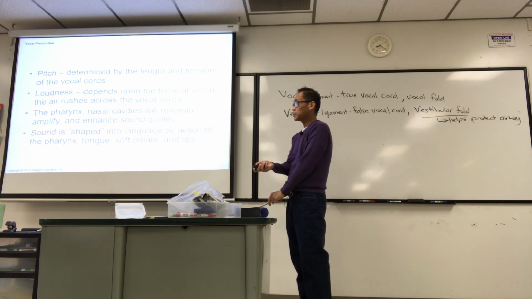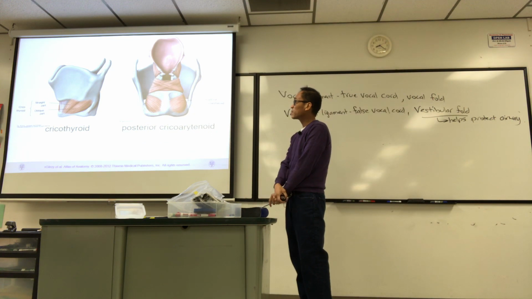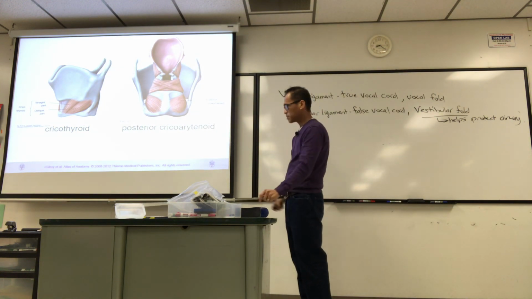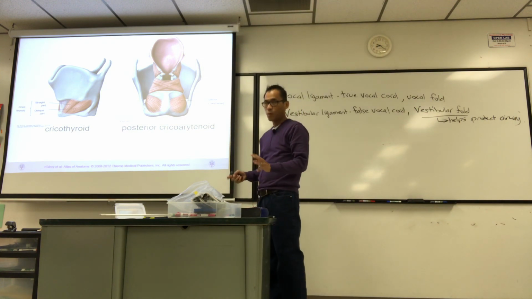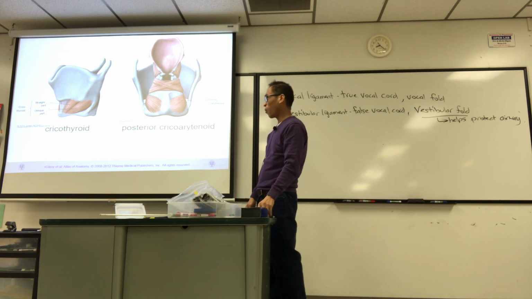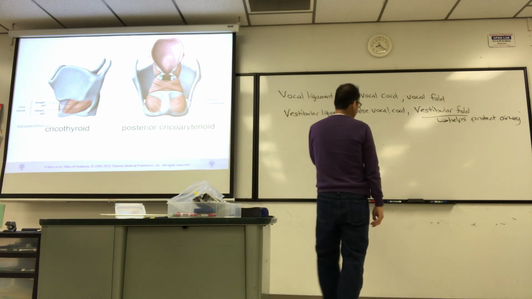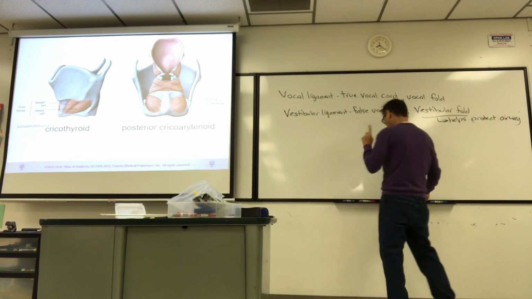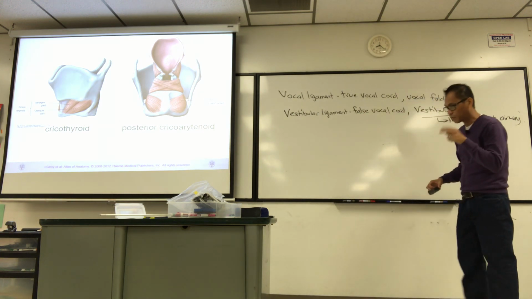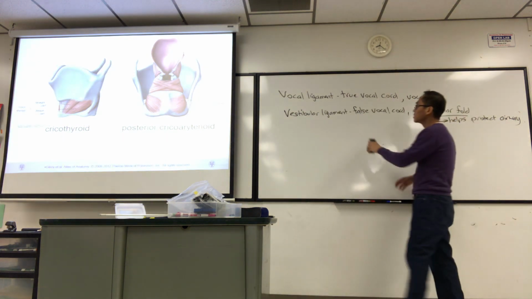I don't want to get into too much detail, but we should learn at least a couple of muscles of the larynx, one in the front and one in the back, just so you can appreciate how they can control vocal cords. So in addition to the cartilages that you have to identify, there are two laryngeal muscles.